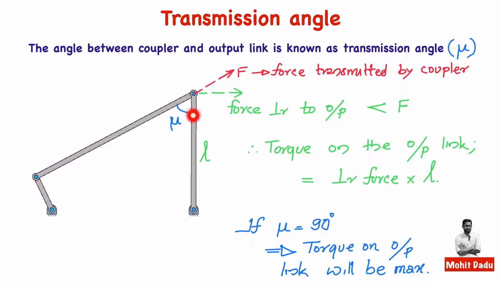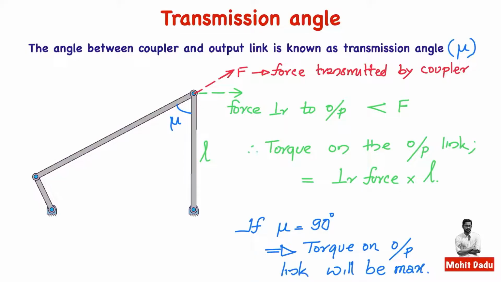If mu is not 90 degrees, then the entire force is not acting perpendicular to the output link. If mu is equal to 90 degrees, then the torque on the output link will be maximum, because in that case the entire transmitted force becomes the perpendicular force. Otherwise only a component is acting, so the torque on the output link will be less than in the situation where mu is equal to 90 degrees.